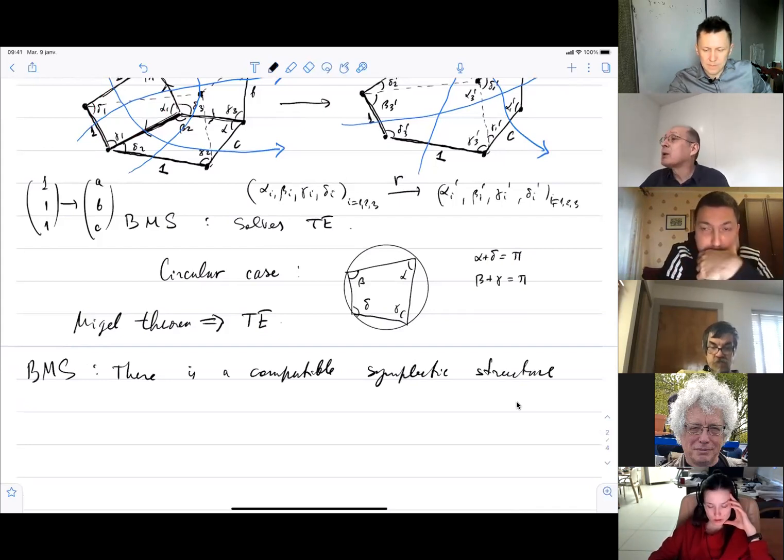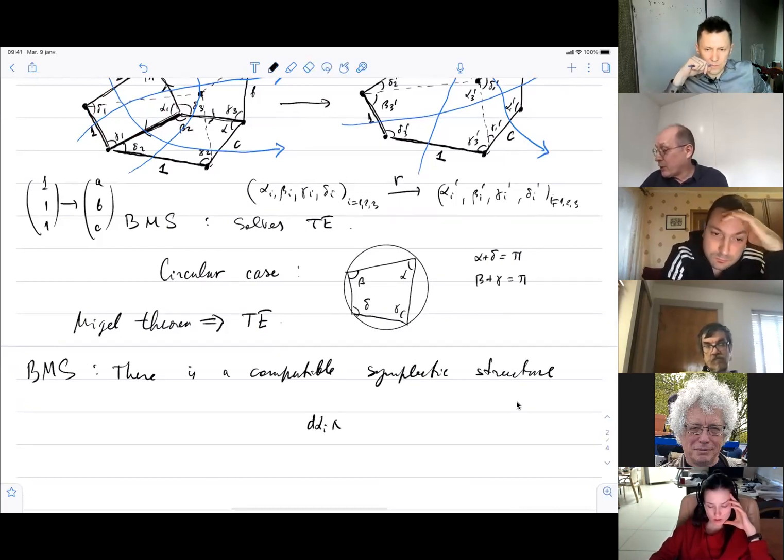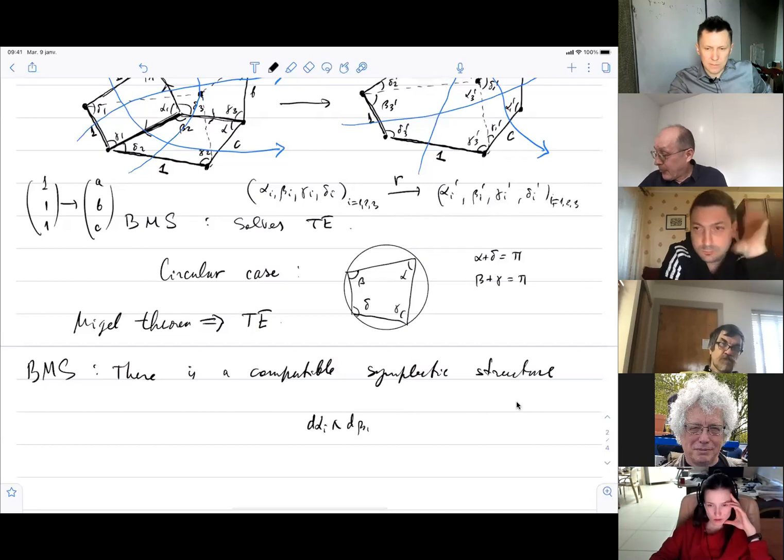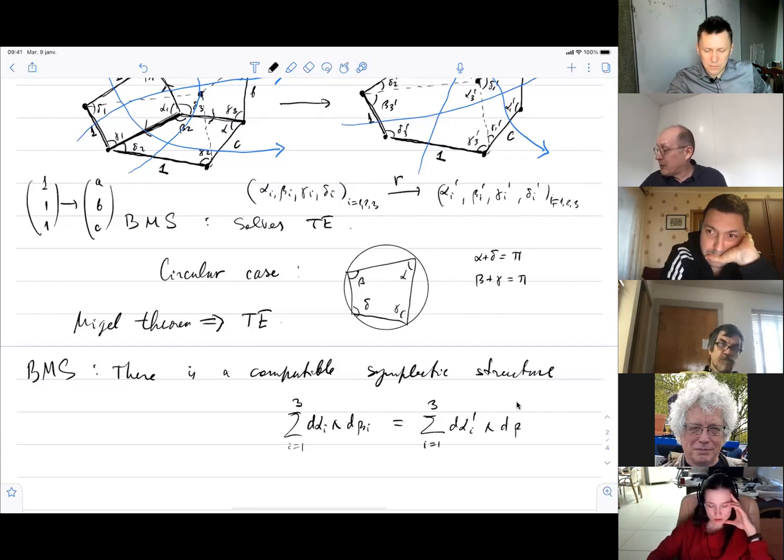Let us pick 2 independent variables, say alpha and beta, and then we have the sum over i from 1 to 3 of d alpha i wedge d beta i, for the left-hand side, is equal to the sum for i from 1 to 3 of d alpha i prime wedge d beta i prime.